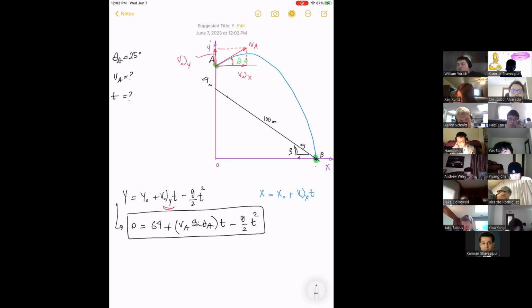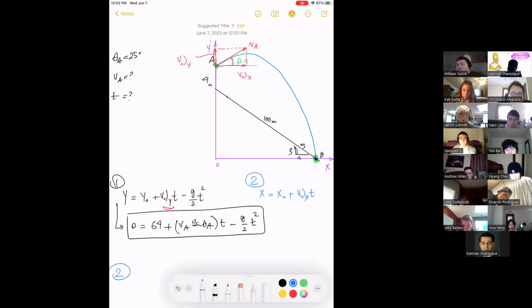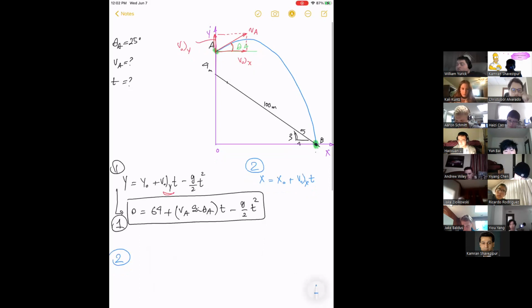Now I'm going to go with the blue equation. Let's call this equation 1, and I'm going to call this equation 2. So that was 1. This is 2. For 2, how much is the final x for B? 80.